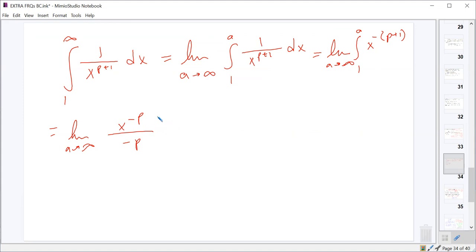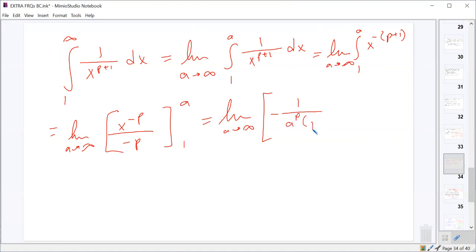We evaluate that from 1 to a. It might be nice to rewrite this by dropping x down to the denominator. This becomes negative, and then we have 1 over a to the p times p, and then minus, and with another negative here, it really becomes a plus.